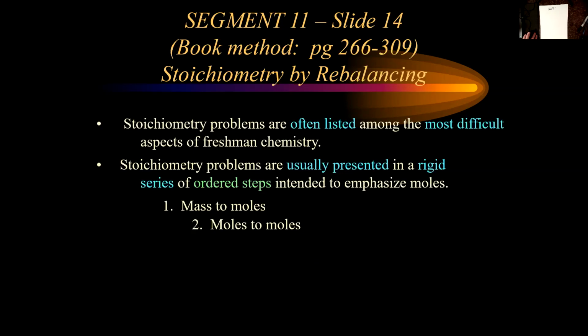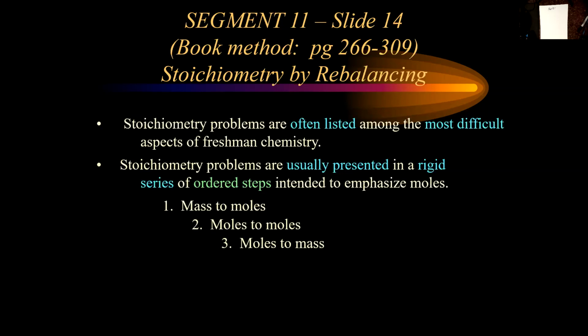Then take the number of moles of that substance and go to the balanced equation and get the number of moles of the other substance. So we convert moles to moles. First step, we're converting mass to moles. Second step, moles to moles. And the third step is to take the moles we got in step 2 and convert them to mass. Now, let me show you why that's so.